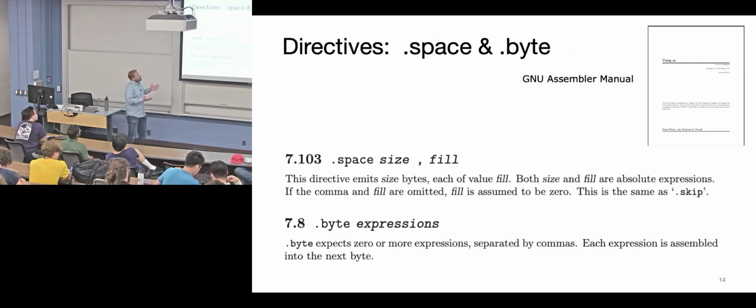You can go look into the documentation online for the manual. Space just fills up locations in memory with zeros. You have a little padding between your code. You may need to have that for various reasons. Space is a directive that ensures that happens. Byte is an expression that allows you to put data into a particular location in memory.